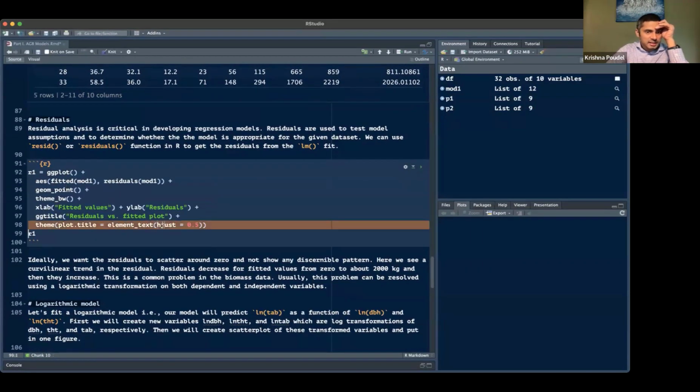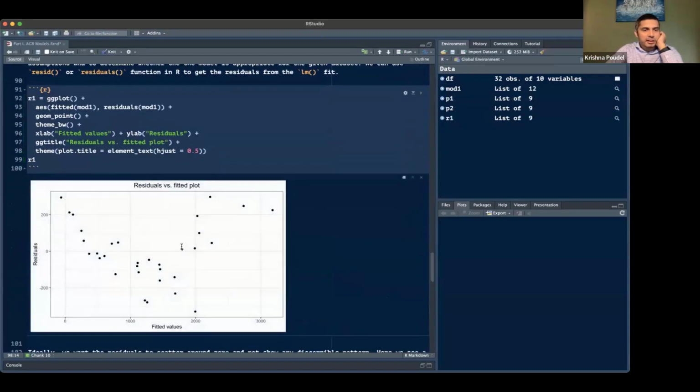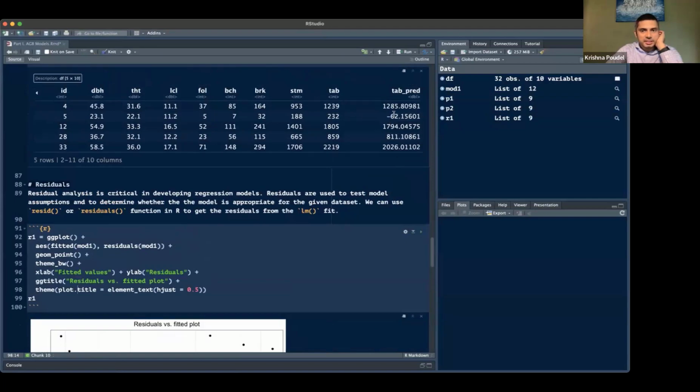And by using hjust equals 0.5, it will center my plot title. So let's plot this. One thing we see is this model is predicting negative biomass, which is not good.